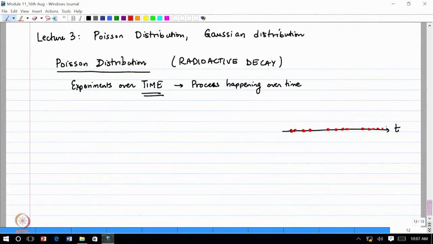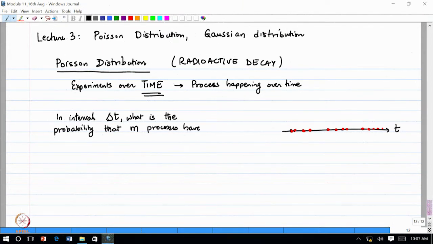If you have something like this happening, then we can ask a question: in interval delta t, what is the probability that m processes have taken place?